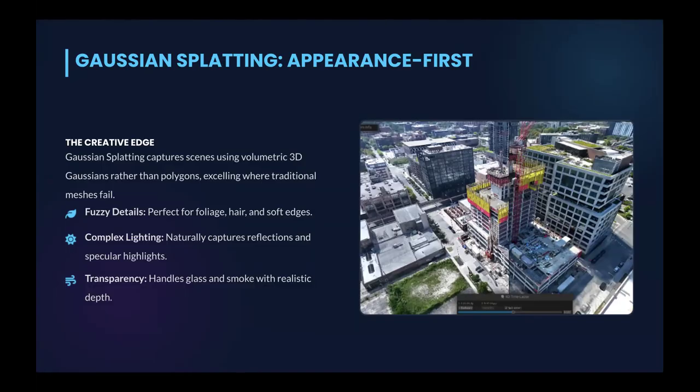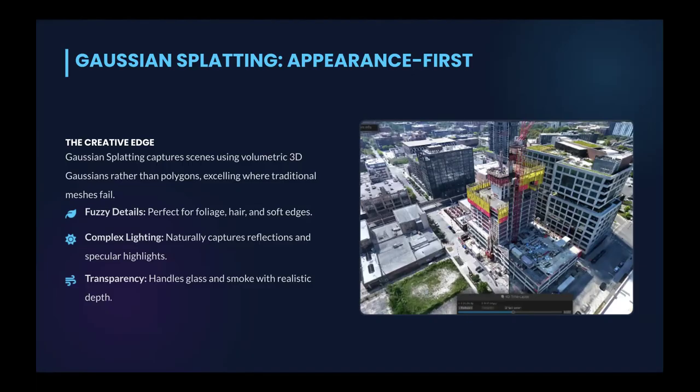And the problem with photogrammetry is that if you try to scan something that has a lot of reflections, the scan is going to break. You're not going to be able to scan that. If you try to scan fine detail like human hair, you're not going to be able to scan that either.